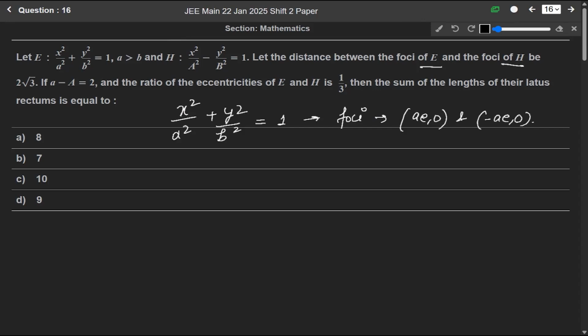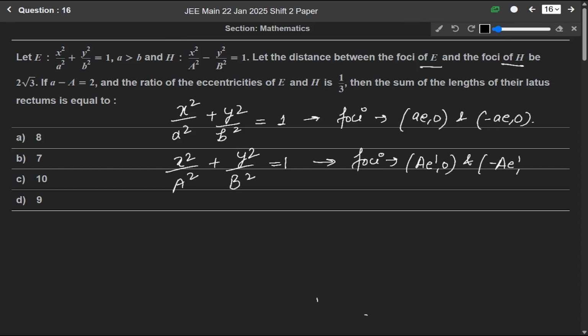Okay. And x square over capital A square plus y square over capital B square, if we consider this equals 1, then its foci will be (AE dash, 0) and (minus AE dash, 0), let us say. Okay.